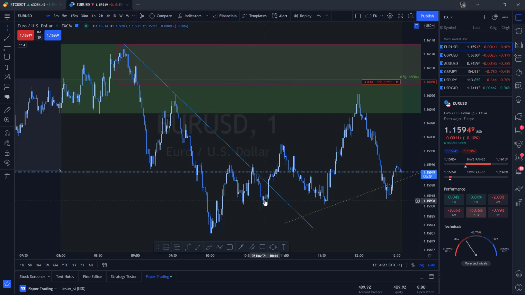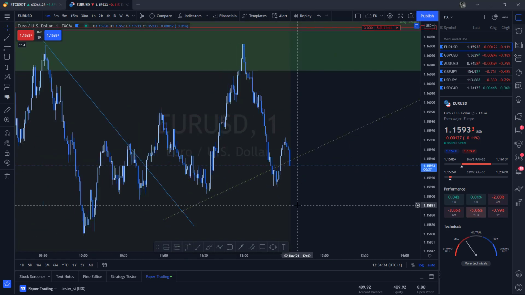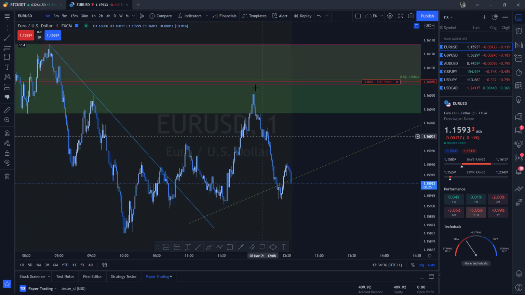The price took liquidity from those highs, retested these lows, moved into the order block, and went down, made another equal low. So there is a lot of liquidity below these lows here.